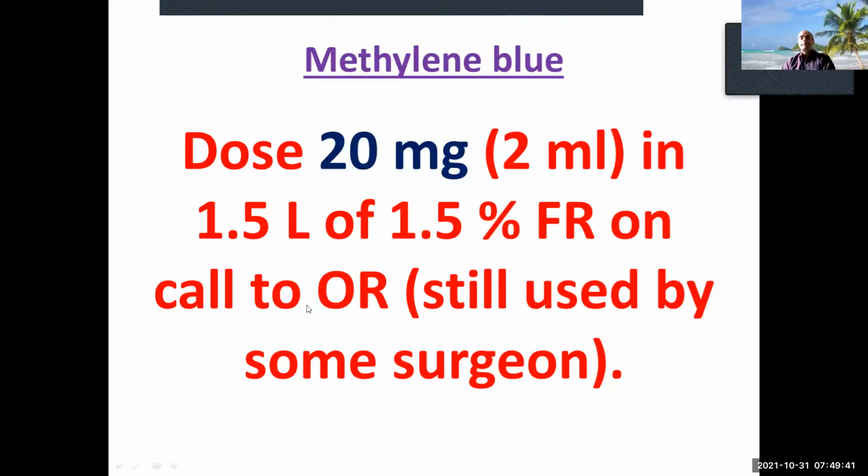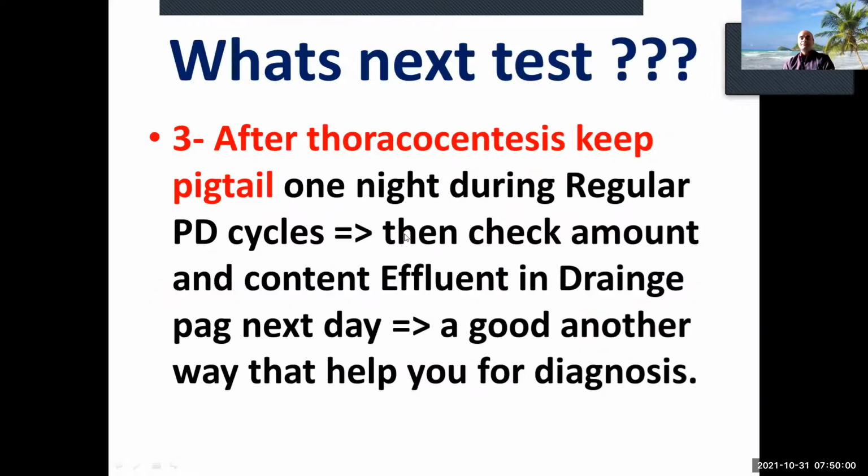This will do pleurodesis and close the hole between the diaphragm and the pleural cavity. Thoracic surgeons like to prescribe this methylene blue 20 milligrams, equal to 2 ml, with 1.5% fluid on call to the OR, still used by some surgeons till now.